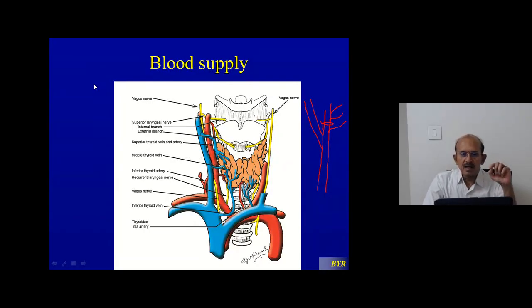If the thyroid gland were not related to these nerves, the recurrent laryngeal nerve and the internal or external laryngeal nerve, we need not bother about thyroid gland surgery at all. It's just like a lymph node dissection. You make a skin incision, hold the gland, drag it, put ligatures on all the arteries around, cut it, take it away. Within 5 minutes, the thyroid surgery is over.